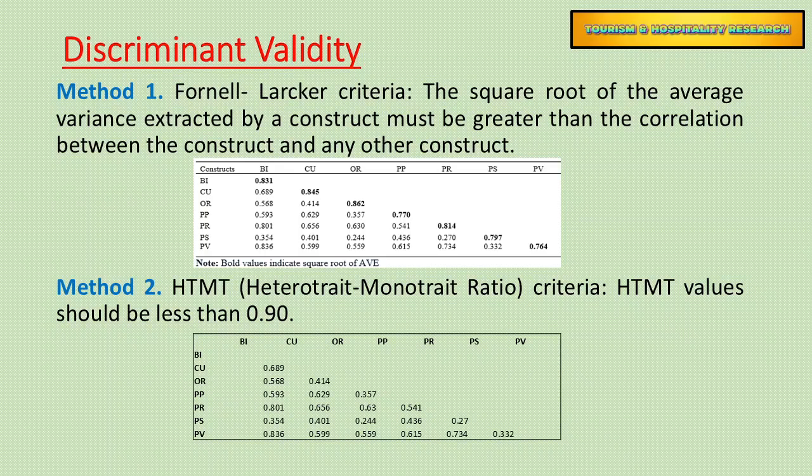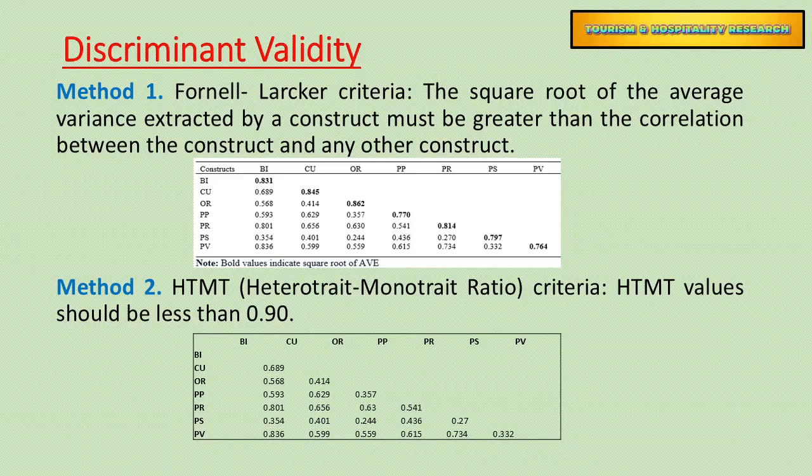Similarly, we have to check all the constructs of the study. In this example, I have given 7 constructs, which you can count over here. All of them have a greater square root of the average variance extracted than the corresponding values in the rows and columns. The second method is the HTMT criteria, which says that HTMT values should be less than 0.90.